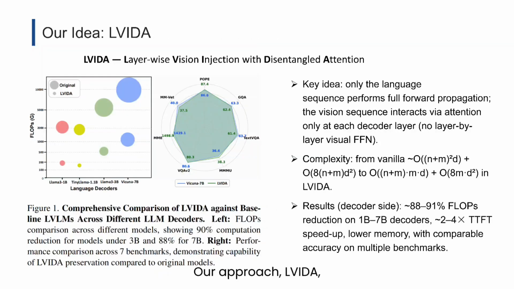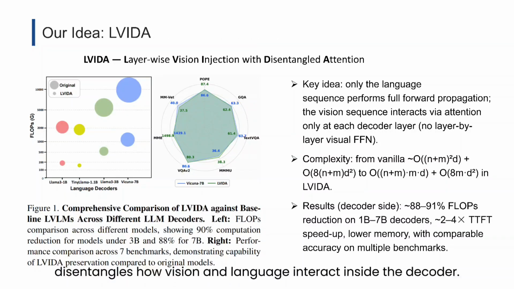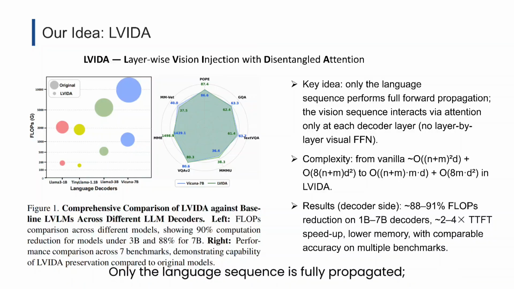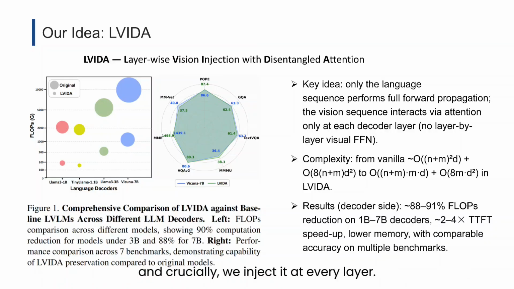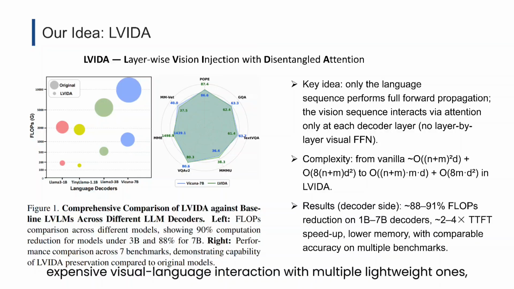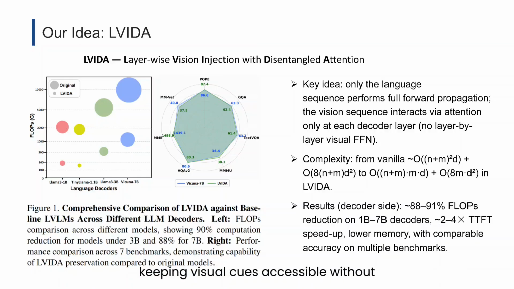Our approach, LVIDA, disentangles how vision and language interact inside the decoder. Only the language sequence is fully propagated. The vision sequence participates through attention as keys and values, and crucially, we inject it at every layer. This replaces one large, expensive visual language interaction with multiple lightweight ones, keeping visual cues accessible without propagating all visual tokens through FFNs.